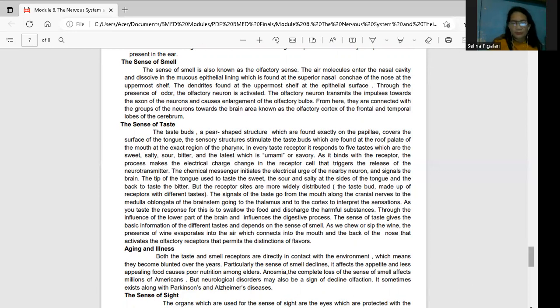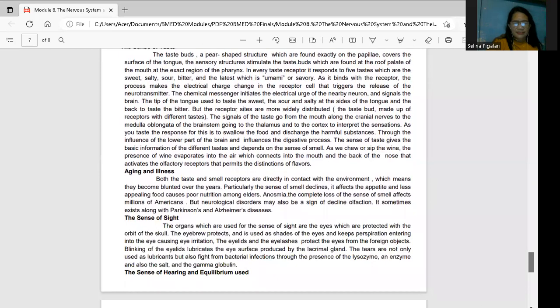The sense of sight. Yung paggamit natin ng ating mga mata. So, the eyelids, the eyelashes, yun yung mga nagpro-protect against the foreign objects. So, nagbi-blink tayo. Meron tayong mga luha, using the blinking of the eyelids, which lubricates, and produced from the lacrimal gland ng ating luha.